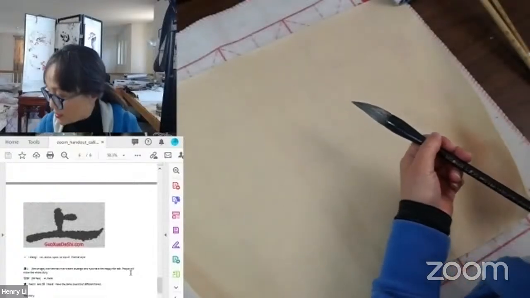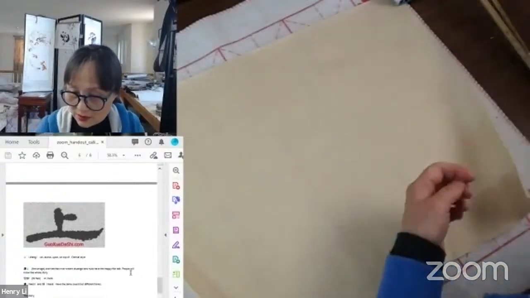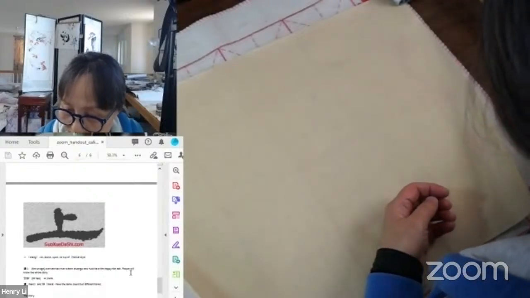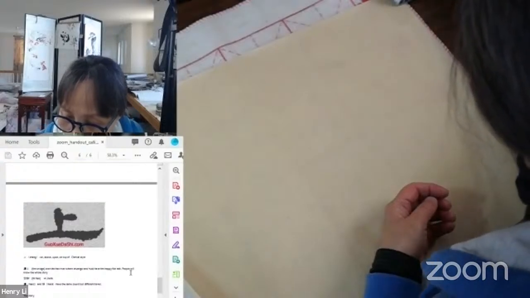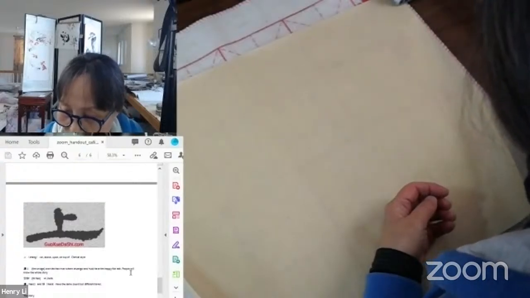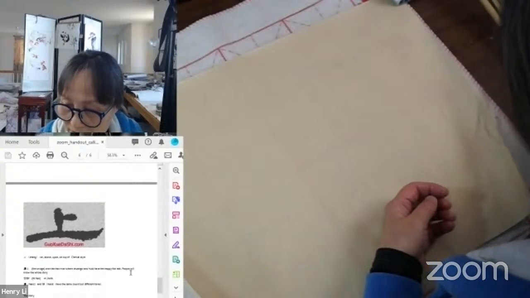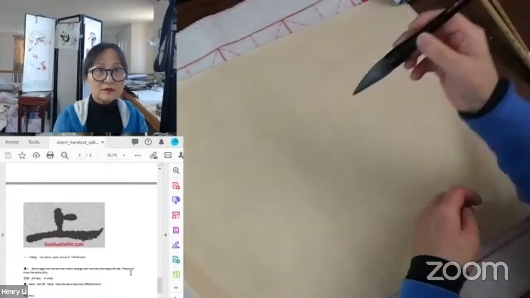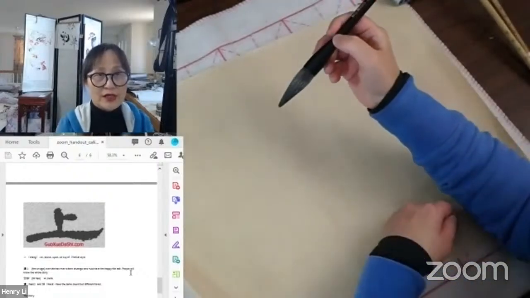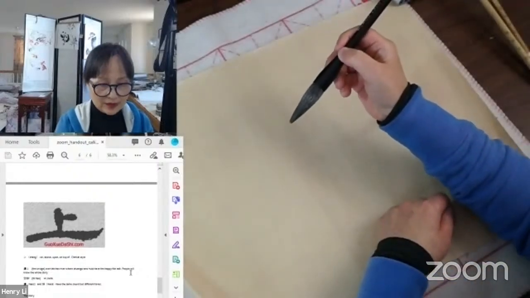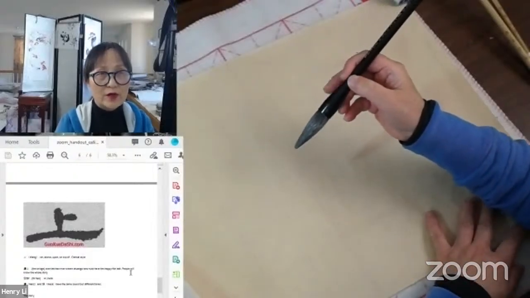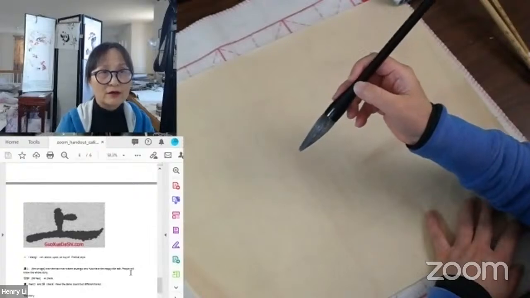Use a larger brush and get the light ink, because later we want to do some gradation on the tail.